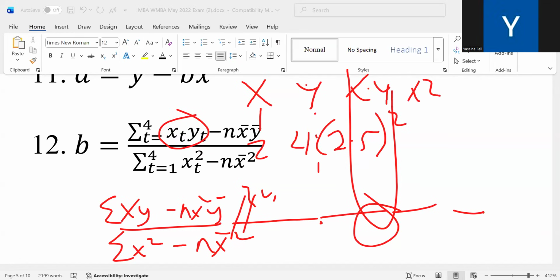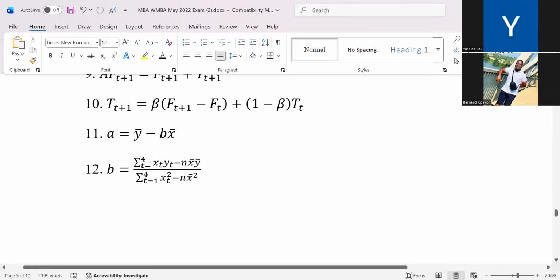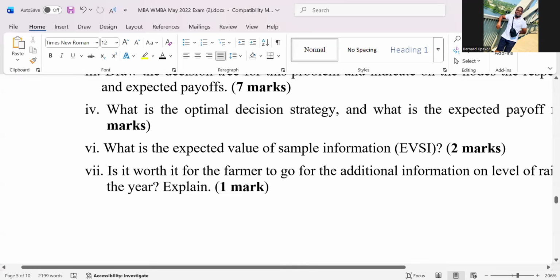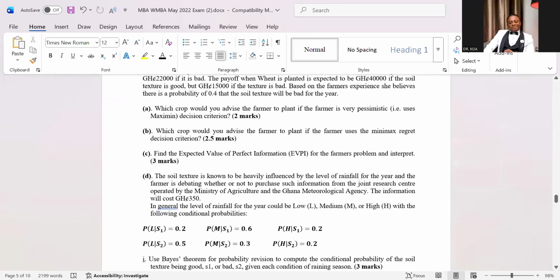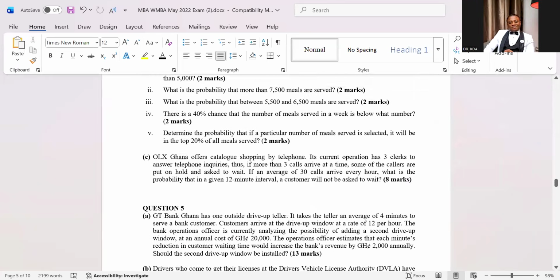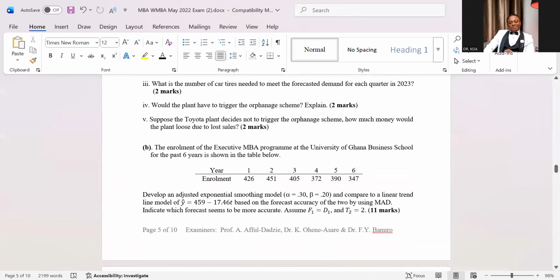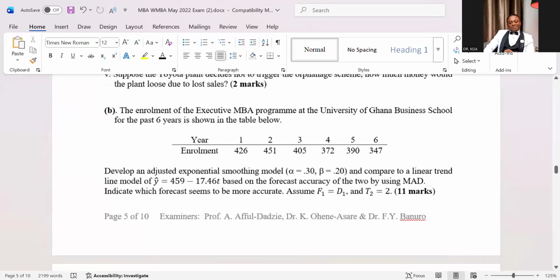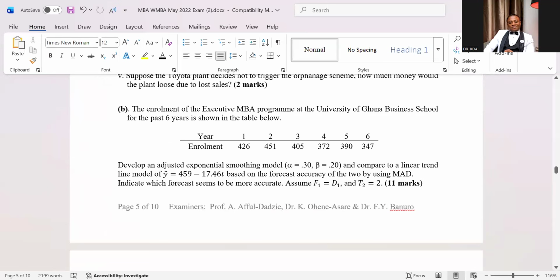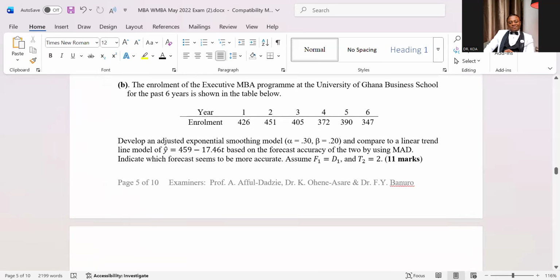Thank you. Okay. So now let's go back to the next part of the question, which is here. Somebody should read. The enrollment of the EMBA program at the University of Ghana Business School for the past 6 years is shown in the table below.